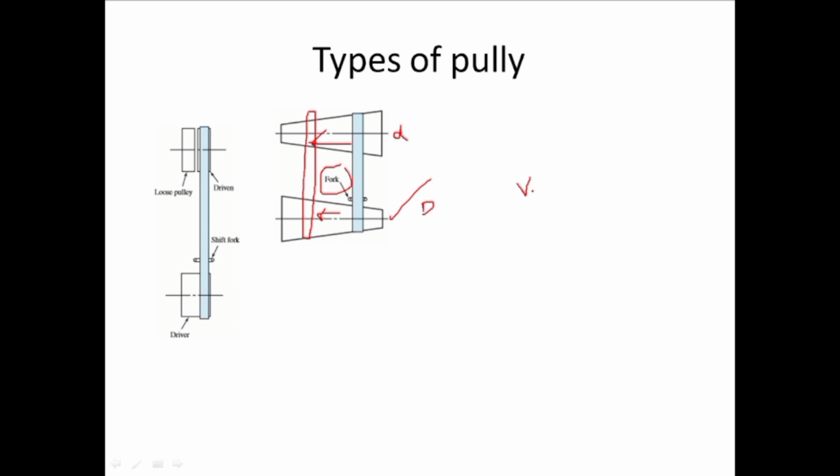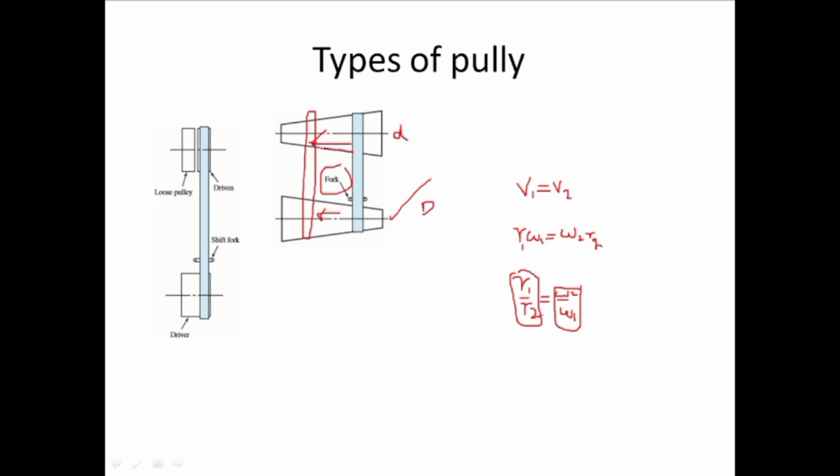For both the pulleys, if we consider there is no slip, V1 will be equal to V2, this one will be equal to R1 into omega 1, that is equal to omega 2 into R2. So R1 divided by R2 will be equal to omega 2 divided by omega 1. You can see the ratio of the rotational motion is equal to the ratio of their radiuses or diameters.